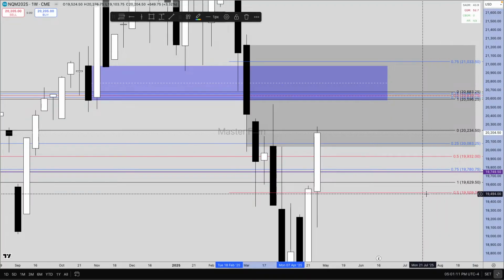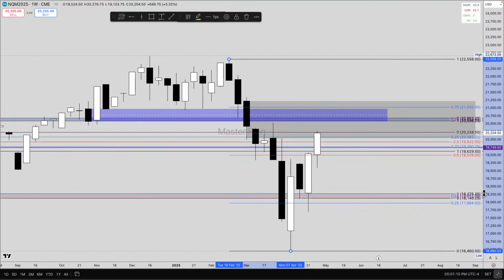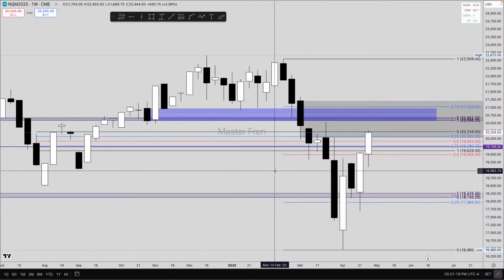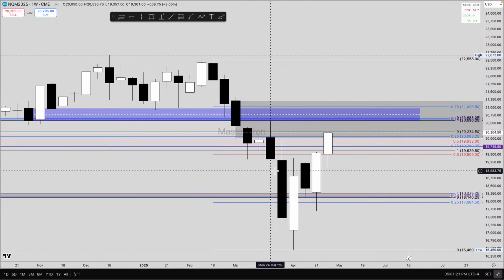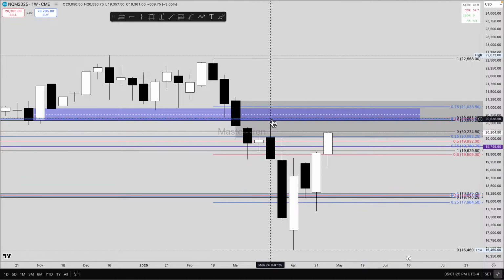So this is equilibrium of that big, huge range to the downside. Now this is in the weekly time frame. This is our dealer's range in the weekly time frame. So it's like we're in a premium for sure. Premium sell here, buy side liquidity pool, obviously just underneath our premium arrays here.